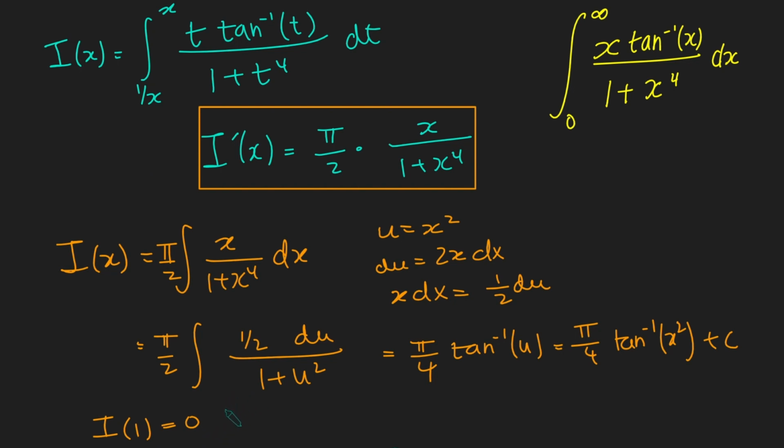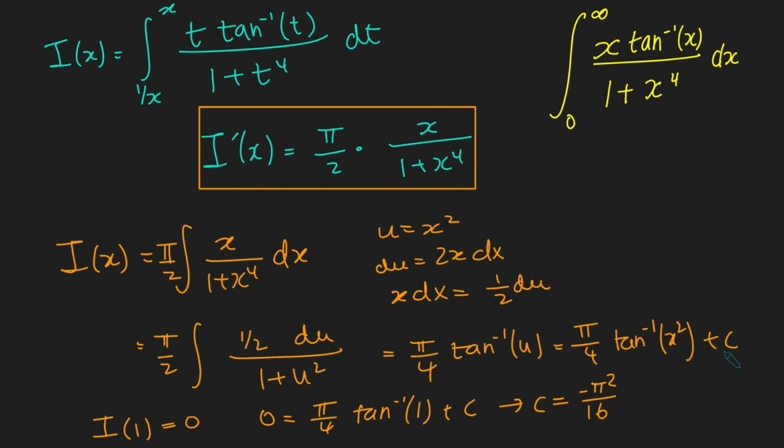And if I of 1 is 0, if I substitute that into this here, I get 0 equals pi over 4 times inverse tan of 1 plus c. Now inverse tan of 1 is just pi over 4, and so then I get that plus c here is going to be negative pi squared over 16. And so what have I got? I've got that I of x is pi over 4 times inverse tan x squared minus pi squared over 16.